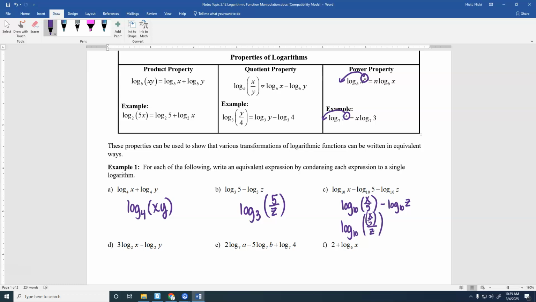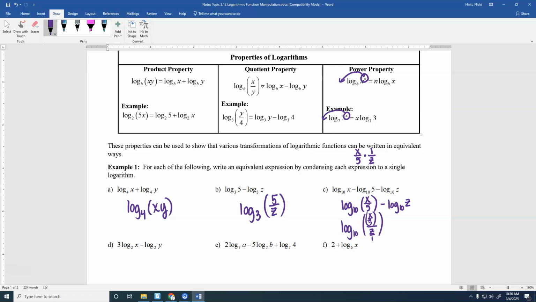Now, chances are they are not going to leave that complex fraction. They don't like to leave a fraction inside of a fraction. So what you're going to do is make z a fraction by putting it over 1. Dividing fractions is easy as pie. We're going to flip the second and multiply. So I'm going to have x over 5 times 1 over z.